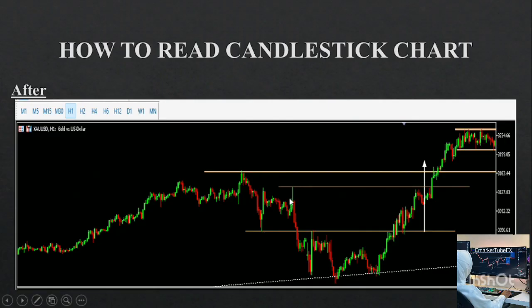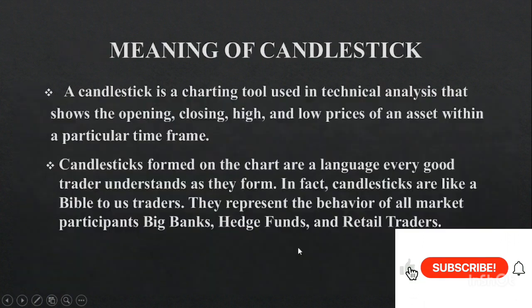When price got here, as I earlier told you, there is a rejection. Because price was not able to break through this resistance, there is a rejection, and the possibility of price coming down is very high. And look at what happened. If I enter the market right after this candle forms, price moving down to this side is profit for me. So it's a language.